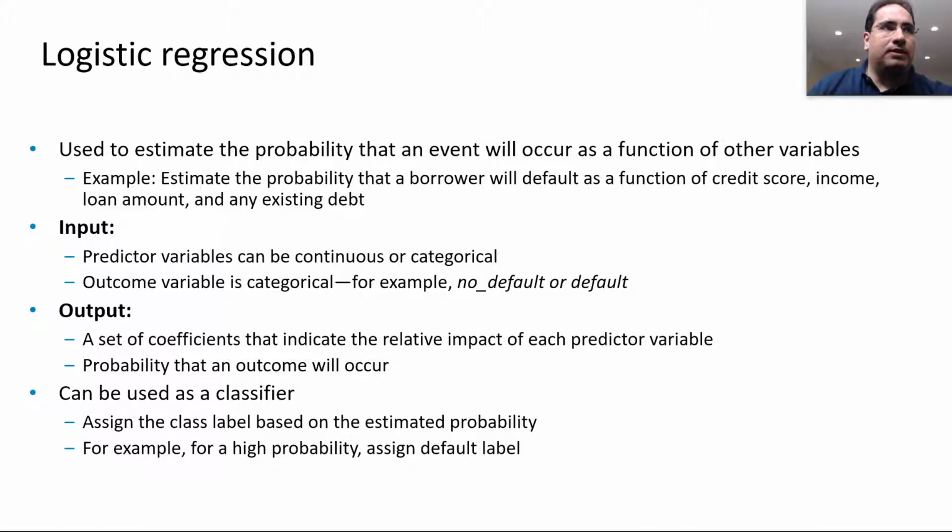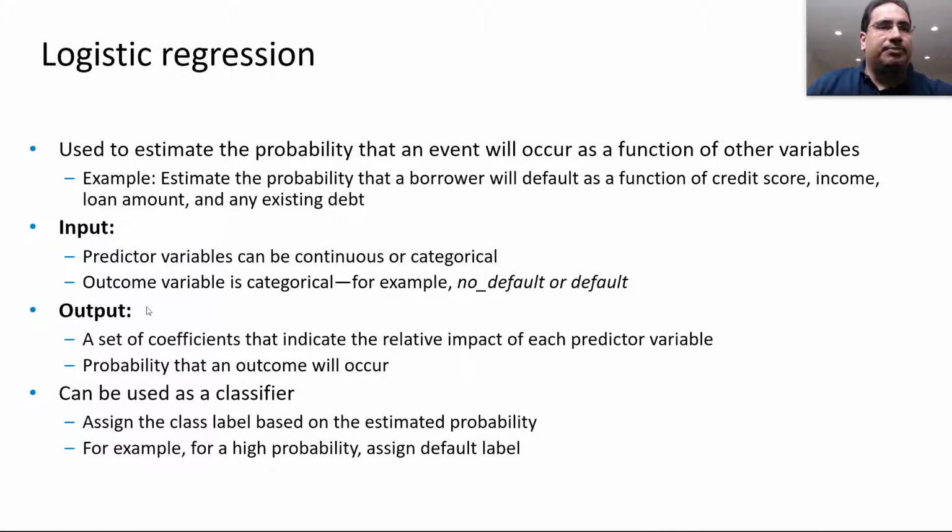So the input of this model is the predictor variables, which can be continuous or categorical, and the outcome is categorical. For example, it can give you no default or default. This can be done through a threshold, but it also gives you the probability.